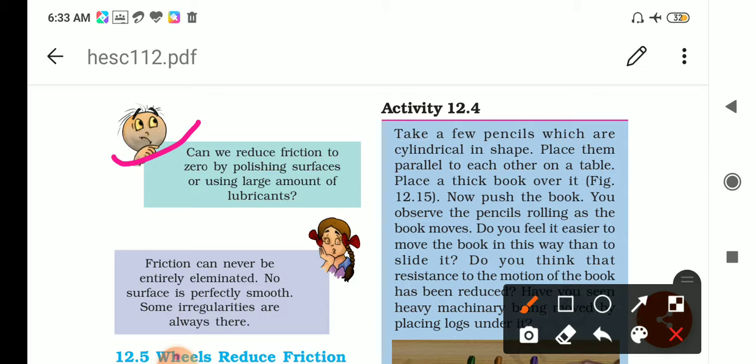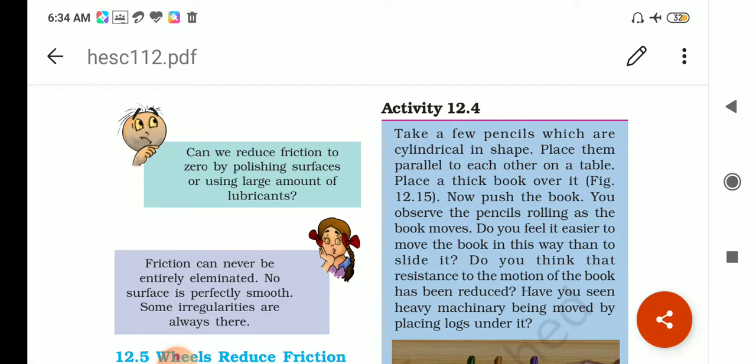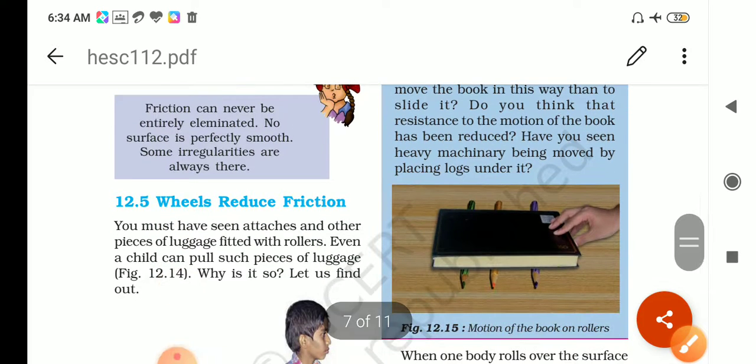Friction can never be entirely eliminated. No surface is perfectly smooth. Some irregularities will always be there in the surfaces. Even if you apply a lot of lubricant, some irregularity will still produce friction.